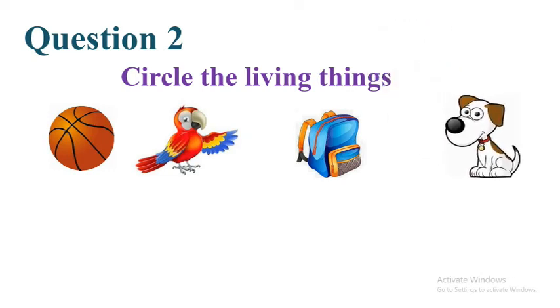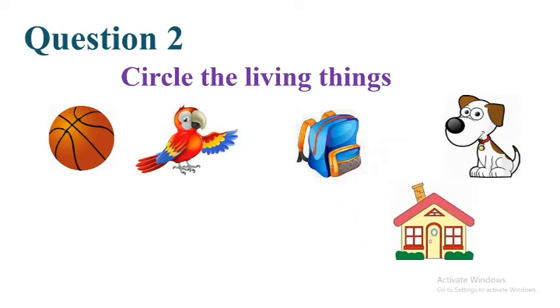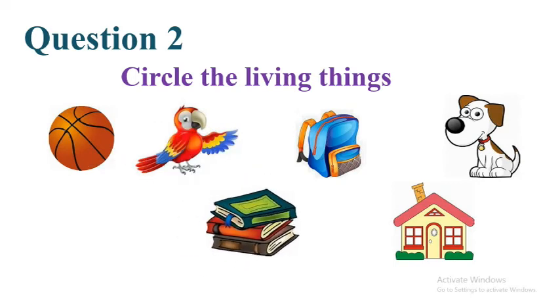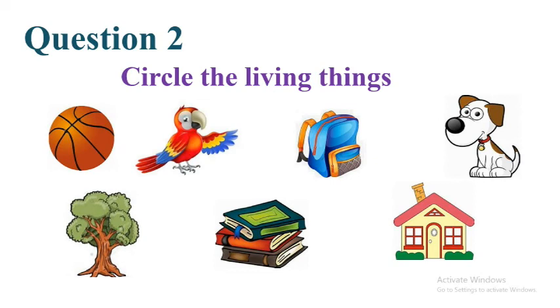Dog. Is a dog a living thing or not? A dog is a living thing. House. Is a house a living thing or not? A house is a non-living thing. Book. A book is a non-living thing.